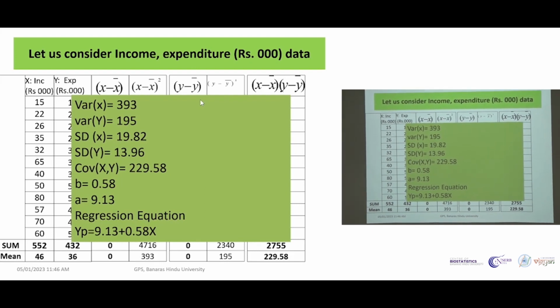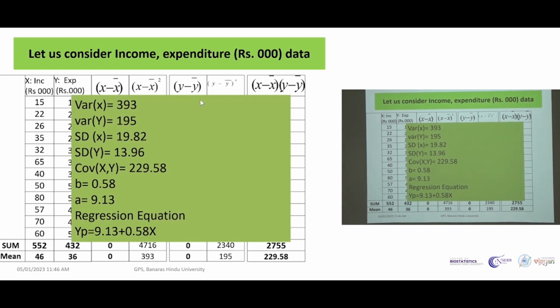And then we can write our model. A is beta naught here. Beta naught is equal to 9.13 and beta 1 is 0.58.